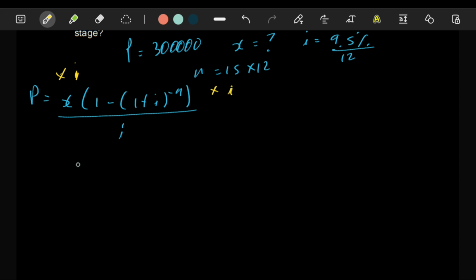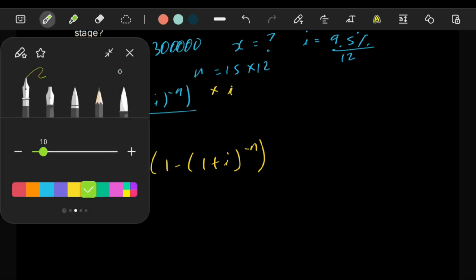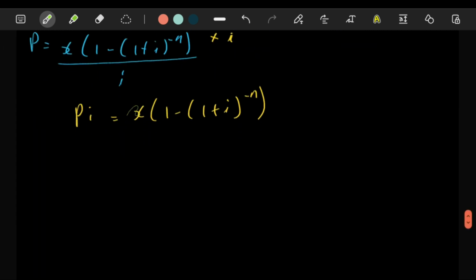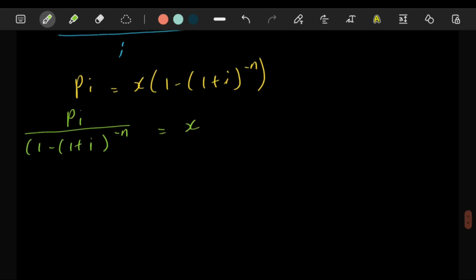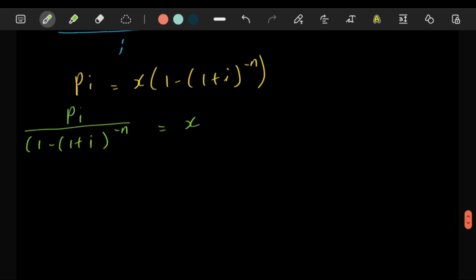You're going to have P times i, the whole thing, equal to x times (1 minus (1 plus i) to the power of negative n). Then you divide by all this. So P times i divided by 1 minus (1 plus i) to the power of negative n is equal to x.